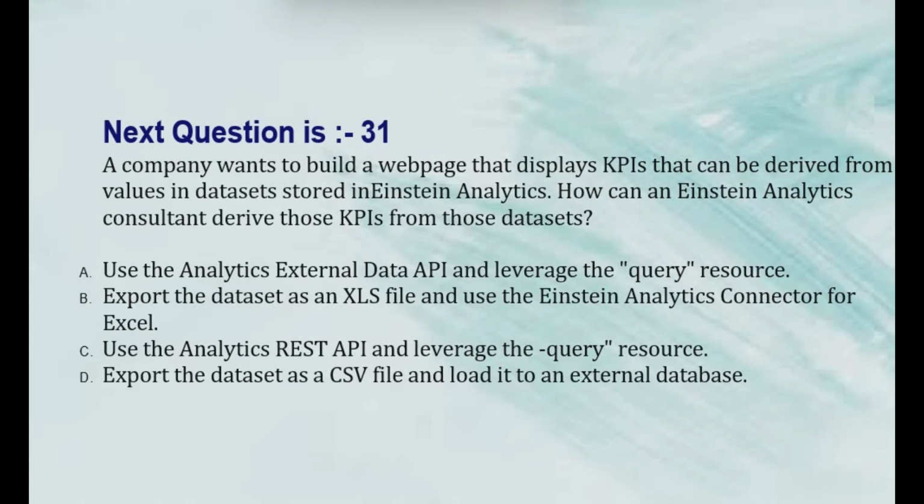Option B, export the dataset as an XLS file and use the Einstein Analytics connector for Excel. Option C, use the Analytics REST API and leverage the query resource. Option D, export the dataset as a CSV file and load it to an external database.